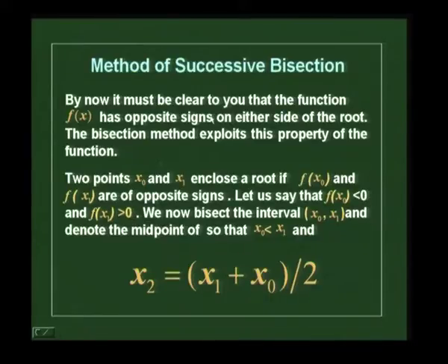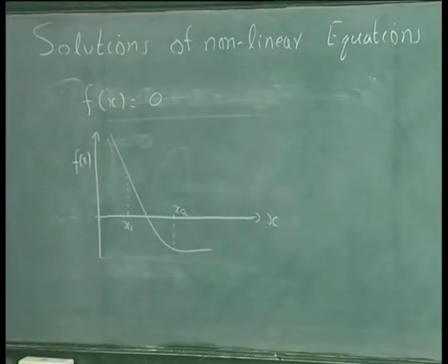Just a choice. So the basic idea in the method of successive bisection is to first make a guess of 2 points such that they are on either side of a root. Now there can be dangers in this. We'll discuss that. For example, the initial guess has to be reasonably good.